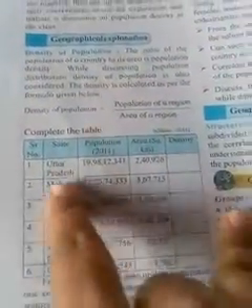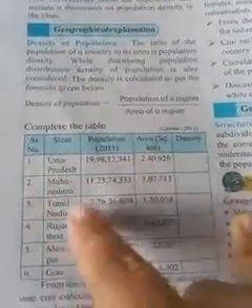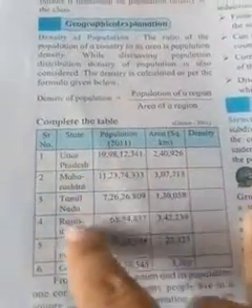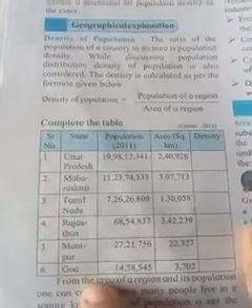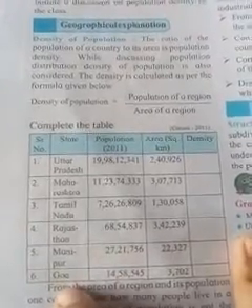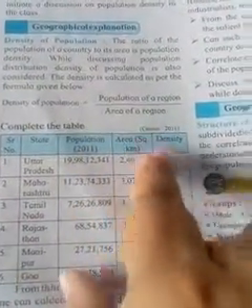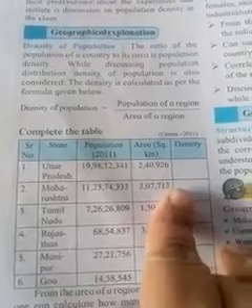Here is given an example, a chart with the states Uttar Pradesh, Maharashtra, Tamil Nadu, Rajasthan, Manipur and Goa. Some state names are given, along with the population and area in square kilometers, and here you find the density.